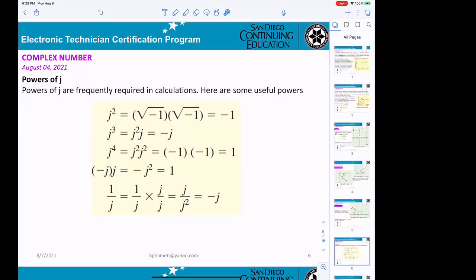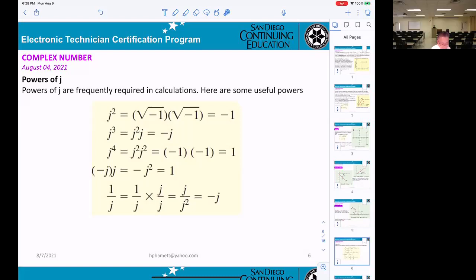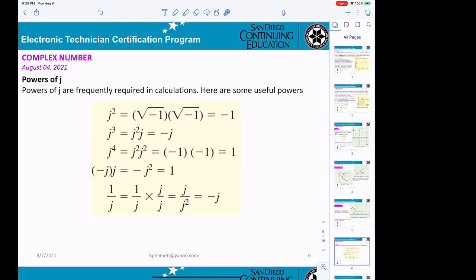Yeah, minus j squared. And since j squared is minus 1, then minus j squared is 1. Correct. Because if you look at the top, the top says that j squared is equal to minus 1. So minus j squared has got to be the opposite of minus 1, which is 1.